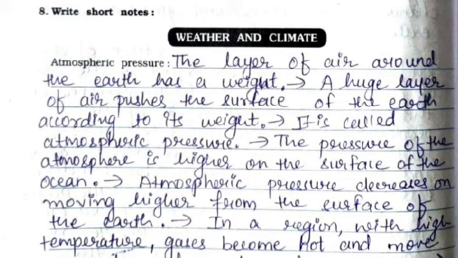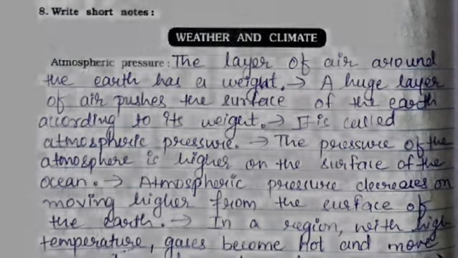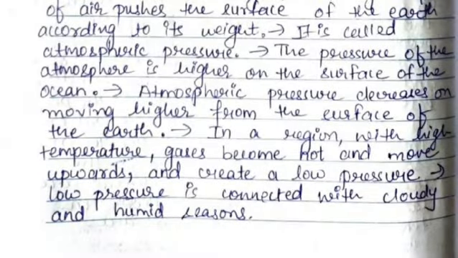The pressure of the atmosphere is higher on the surface of the ocean. Atmospheric pressure decreases on moving higher from the surface of the earth. In a region with high temperature, gases become hot and move upwards and create a low pressure. Low pressure is connected with cloudy and humid seasons.